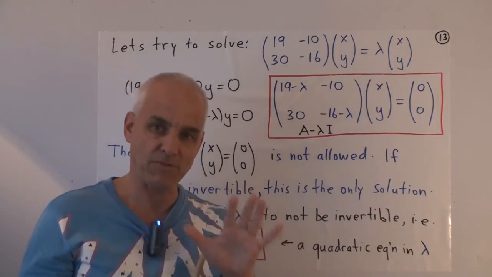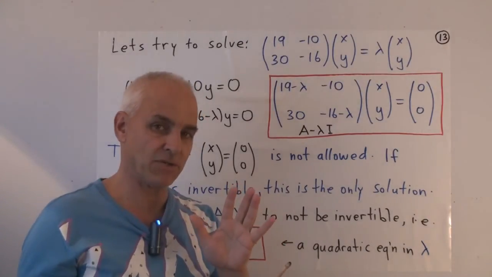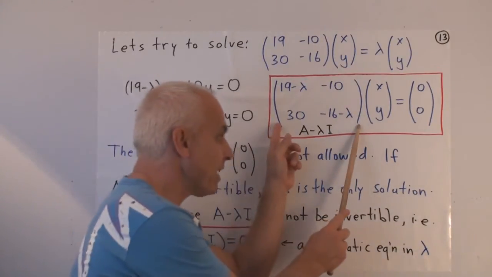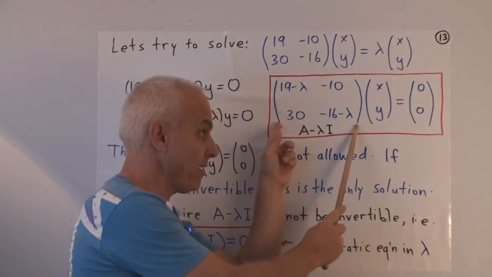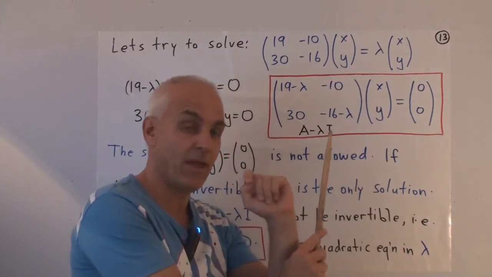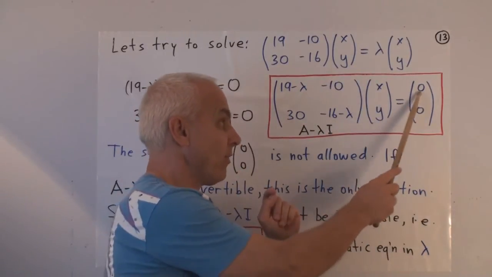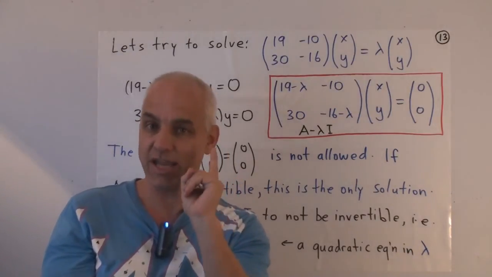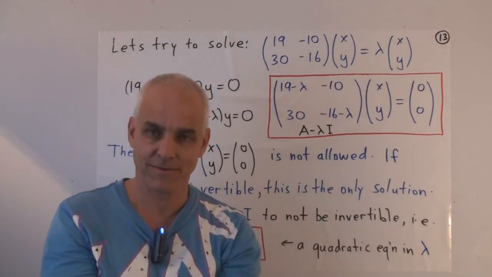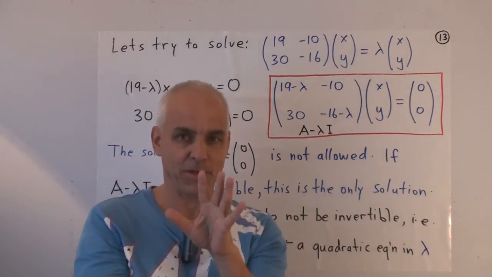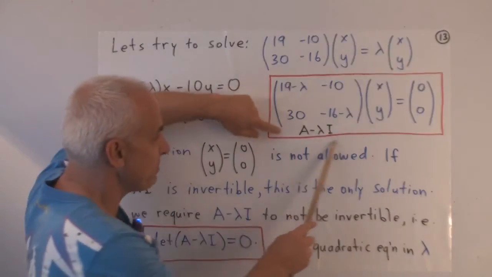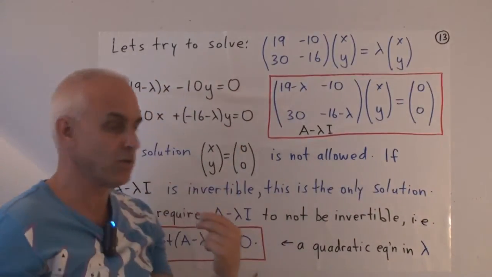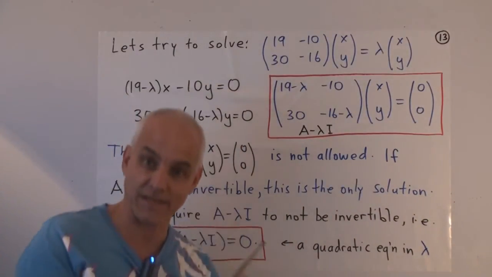I don't care what that inverse matrix is; if you multiply it by 0, 0, you're going to get 0, 0. So if this matrix is invertible, there's only one solution, x, y equals 0, 0. It's a very important little argument, so let me say it again: if this matrix is invertible, then this system only has the solution 0, 0, which we're not interested in.